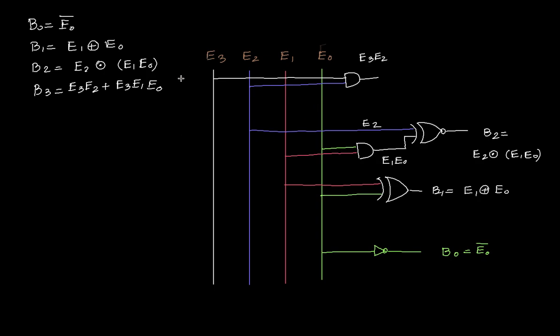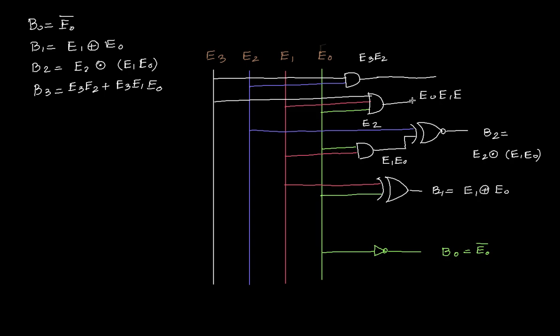Now E3, E1 and E naught are ANDed, with E1 in red.